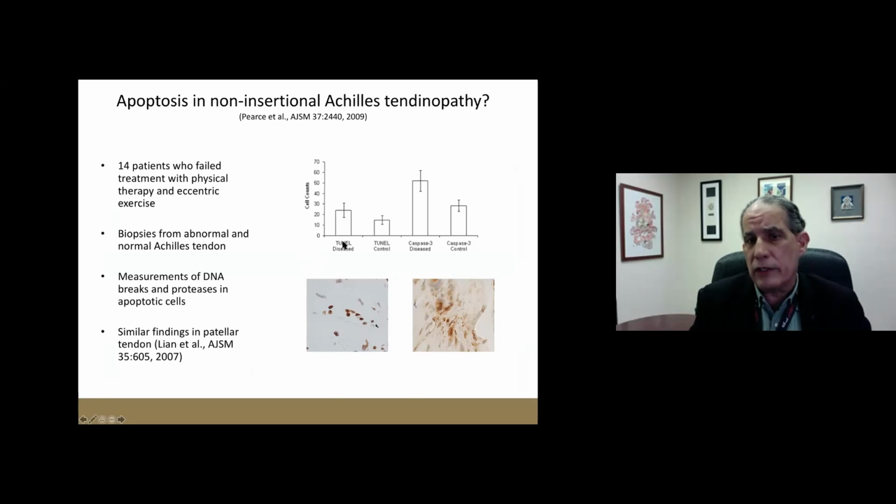TUNEL and caspase-3 are markers of apoptosis. And as you can see, diseased tendons have higher levels of TUNEL and caspase-3 cells. So there is evidence that apoptosis is responsible for some of the changes in the abnormal tendon.